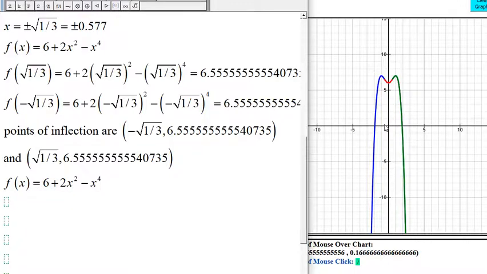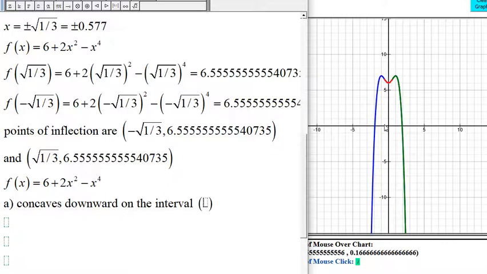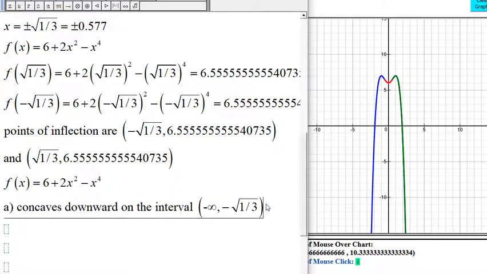So graph right here concaves downward on the interval from negative infinity to the negative square root of 1/3.